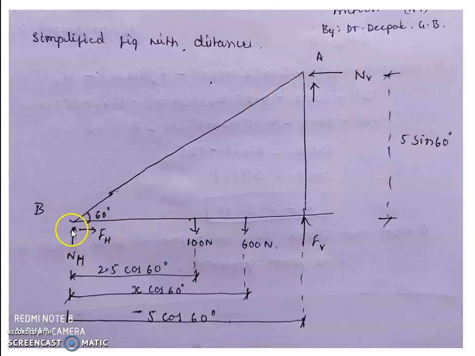First, at B there is reaction NH, and friction, since the ladder is moving to the left, so friction is generated opposite to the movement, that is Fh towards the right. 100 is the weight of the ladder, at a perpendicular distance of 2.5 cos 60. This is theta, cos theta is adjacent by hypotenuse. I want this perpendicular distance. Perpendicular distance is 2.5 cos 60.